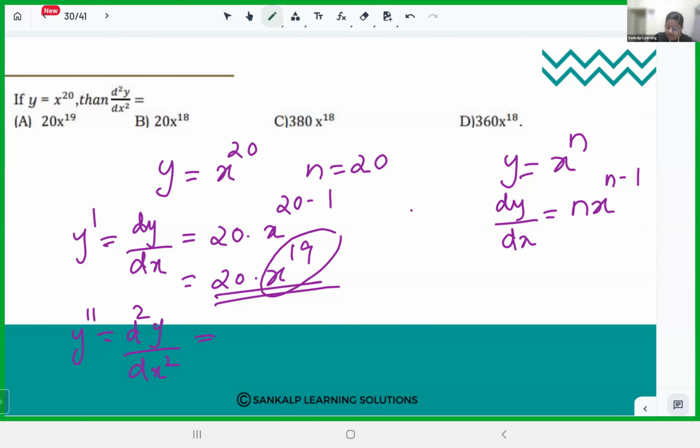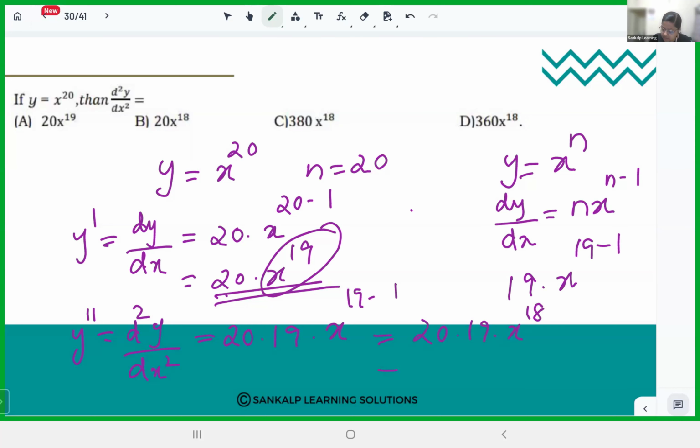Here also it is of the form x raised to n. 20 is a constant, so put it aside. Then you differentiate x raised to 19. What is the derivative of x raised to 19? It is 19 into x raised to 19 minus 1. So this is equal to 20 into 19 into x raised to 18. 19 minus 1 is 18.